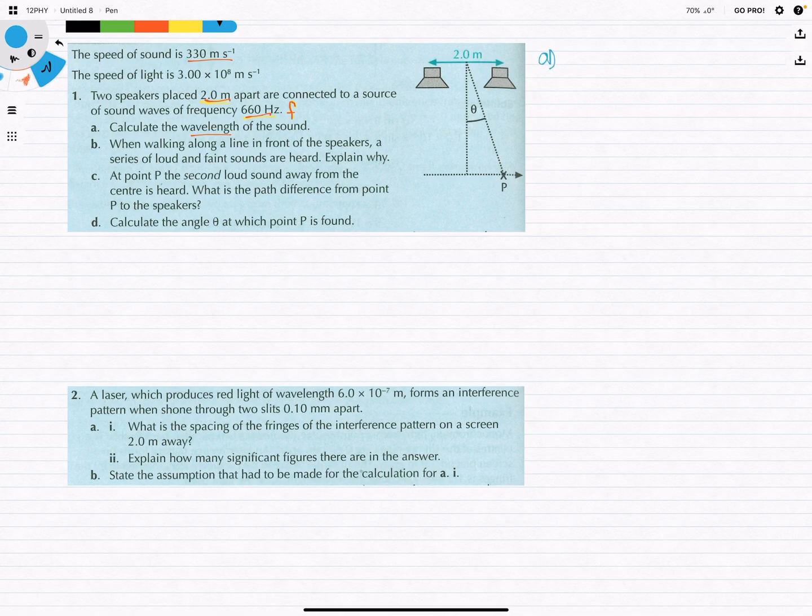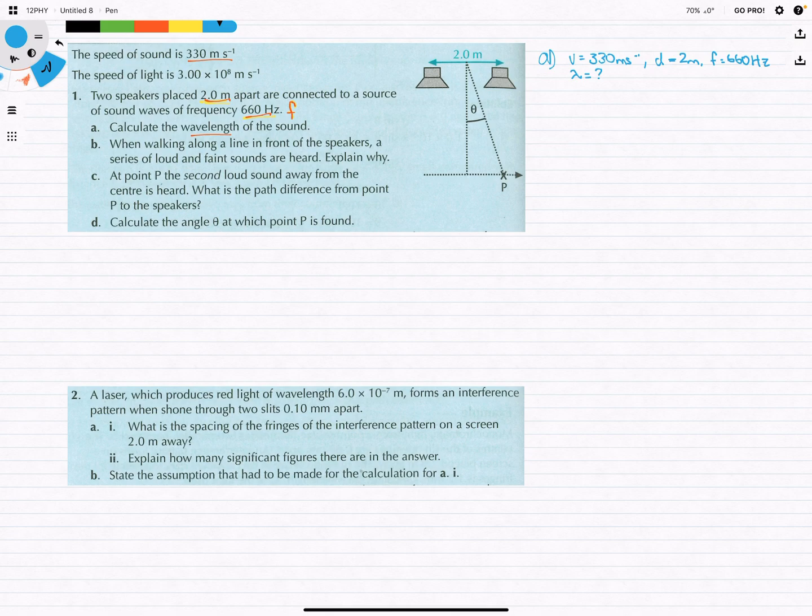A. How do we calculate wavelength? We know V equals 330. We've got D, our separation, 2 meters. We know F equals 660 hertz. And we're trying to find lambda, our unknown.